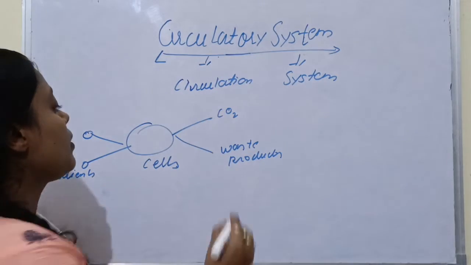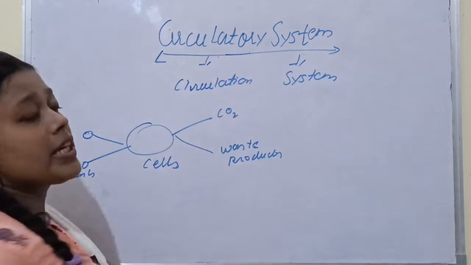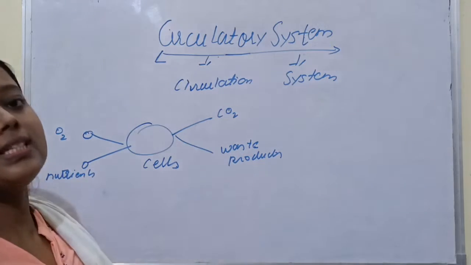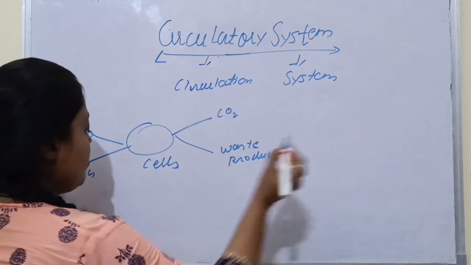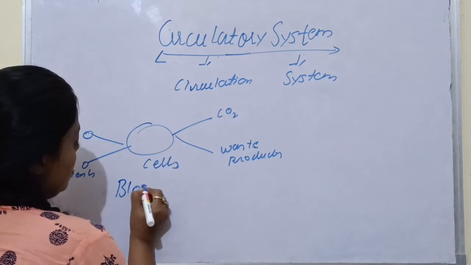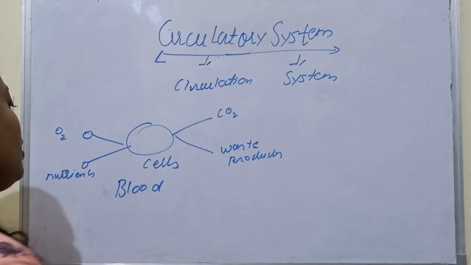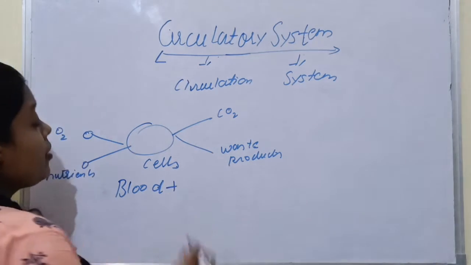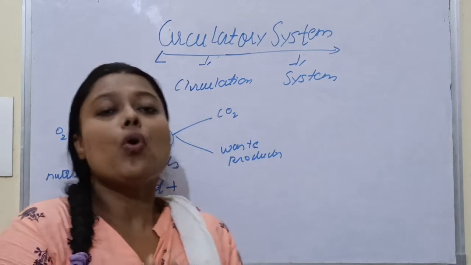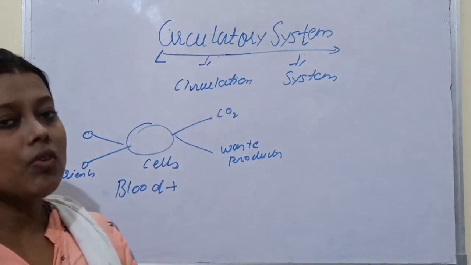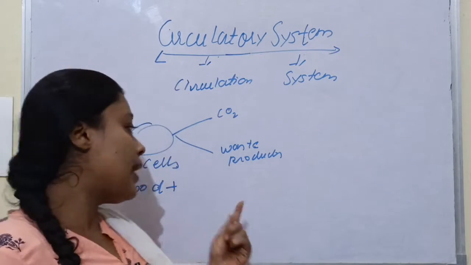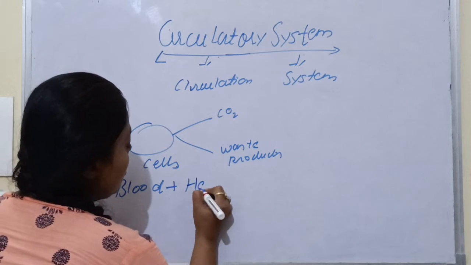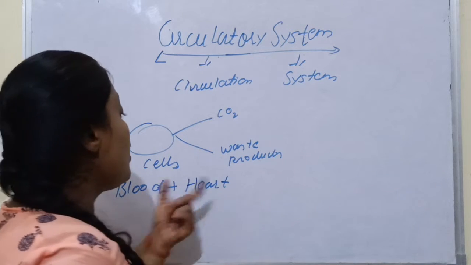And now for the transportation of all these substances in our cells, there is blood. For the transportation of all these substances through blood in our body, there is a pumping organ that is known as the heart.